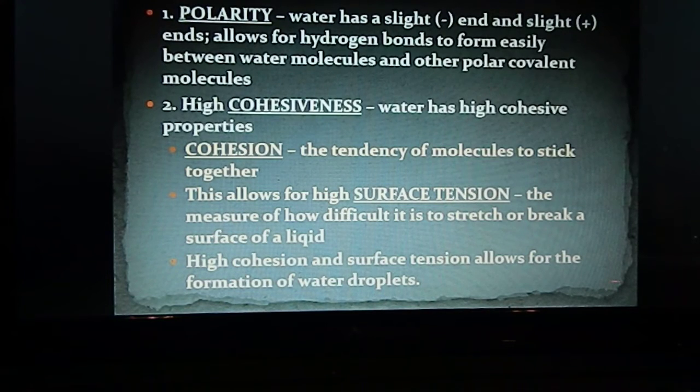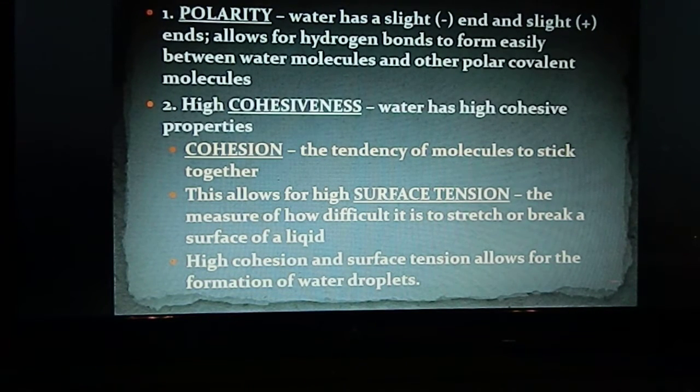And so first, we know that water is polar, right? Water has a slight positive end and a slight negative end, and this allows for hydrogen bonds to form between other water molecules and other polar molecules.